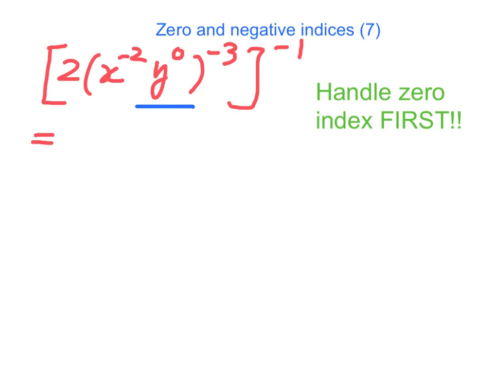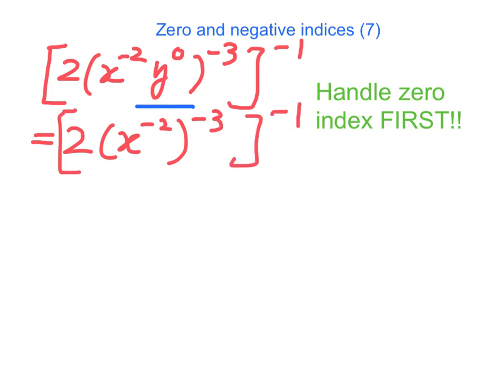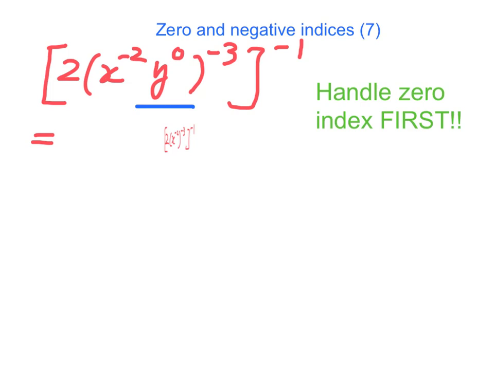So as you can see, this is true, and then x to the power negative 2, and then to the power negative 3. The y to the power 0 already becomes 1, and this is bracket negative 1. Don't forget that the power of negative 3 only belongs to the x to the power 2 inside the bracket.